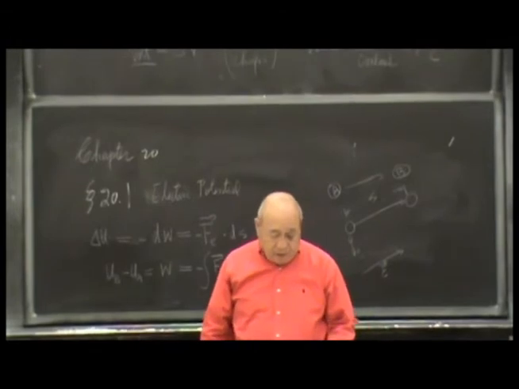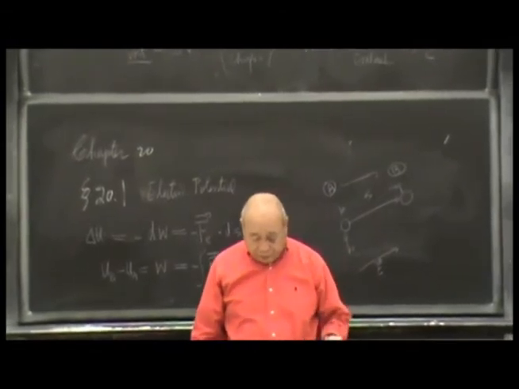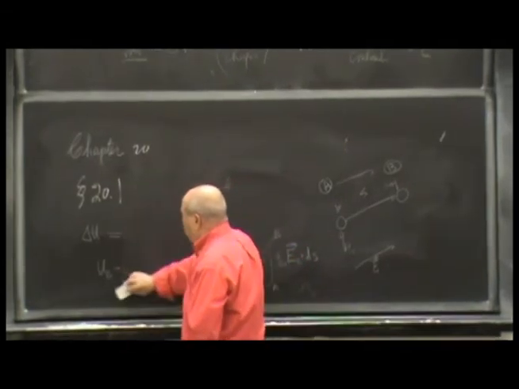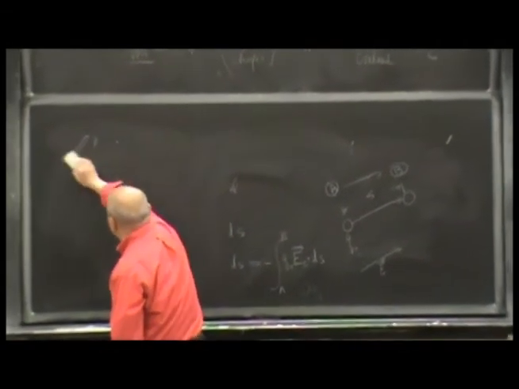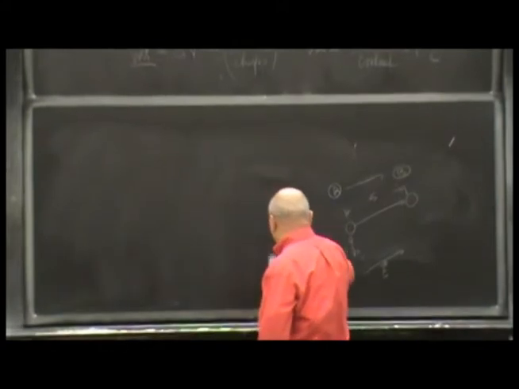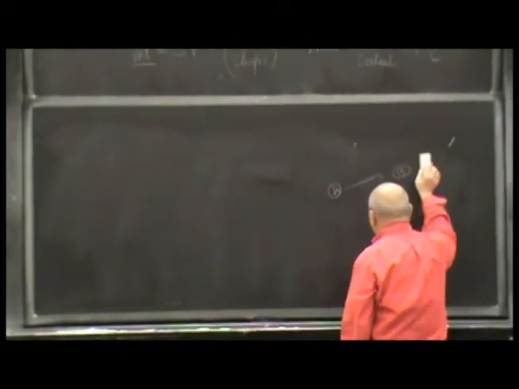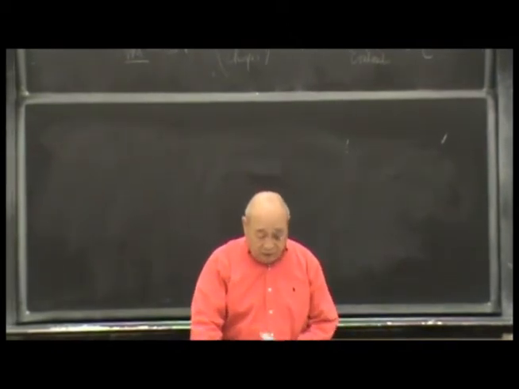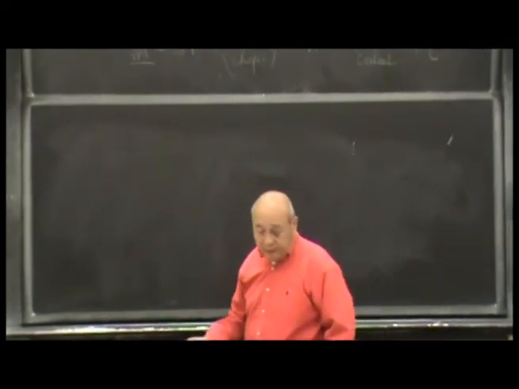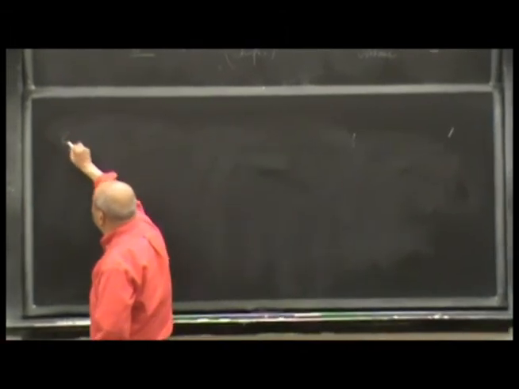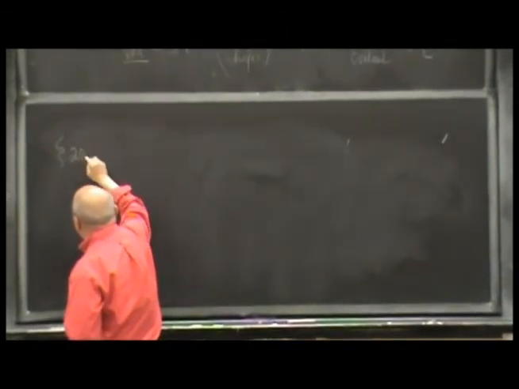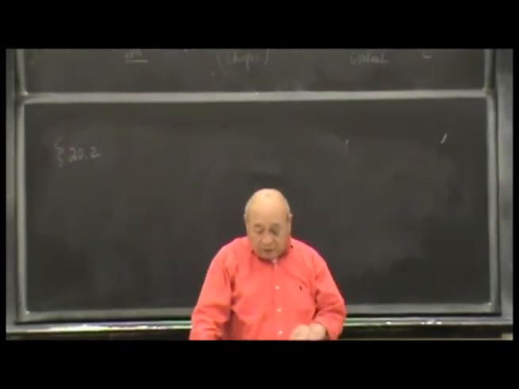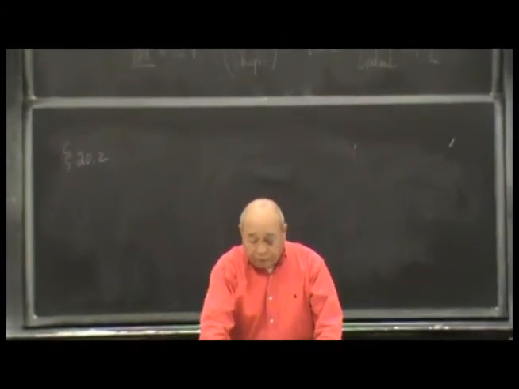Then using this, we get into the next topic, called the capacitor. Before they step into this, they want to say that section 20.2 is related with the potential difference in the uniform field.